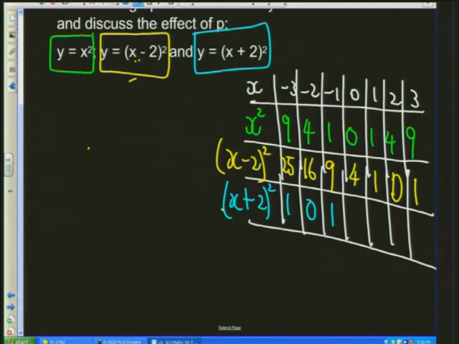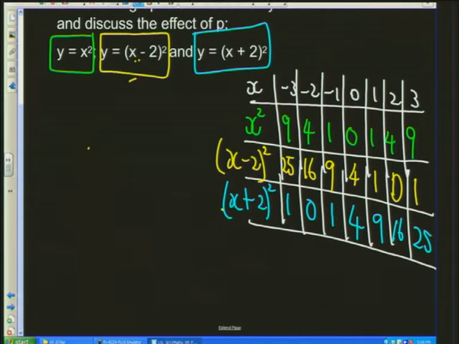And then we have the 0 plus 2 is 2, so that's 4. 2 plus 2 is 4, actually 1. 1 plus 2 is 3, so 3 squared is 9. And then we have 2 plus 2 is 4, so that's 16. And then we have 3 plus 2 is 5, and 5 squared is 25.